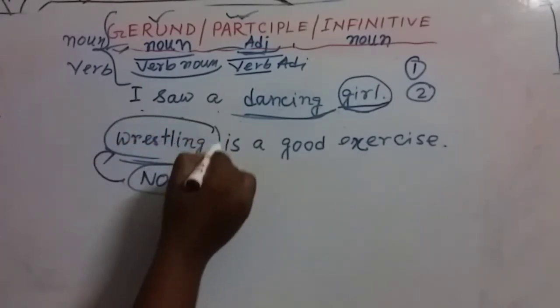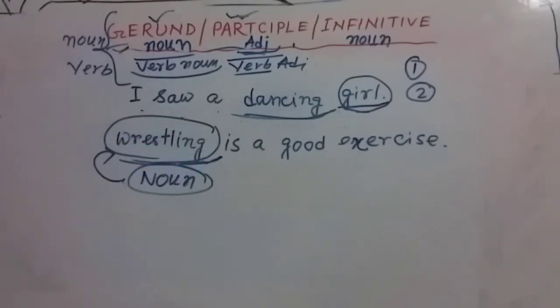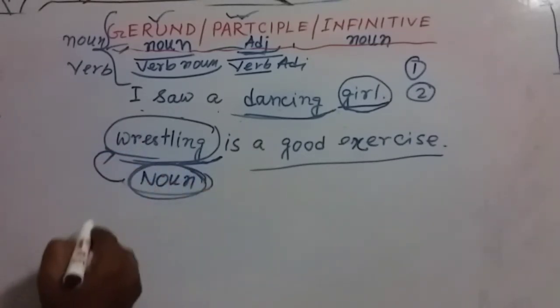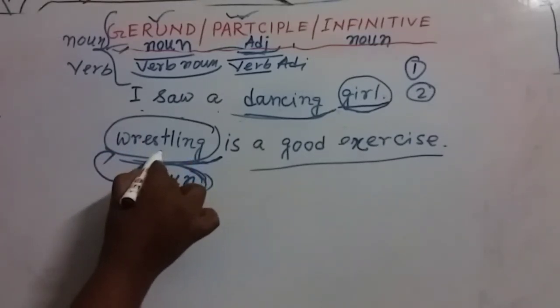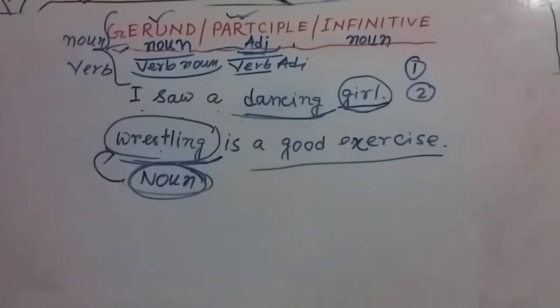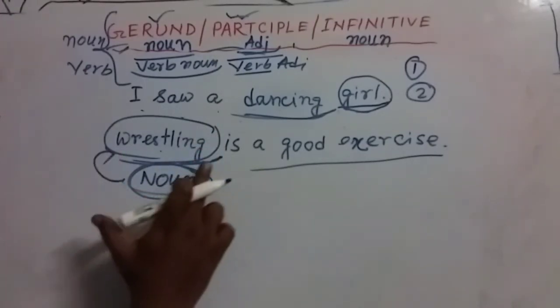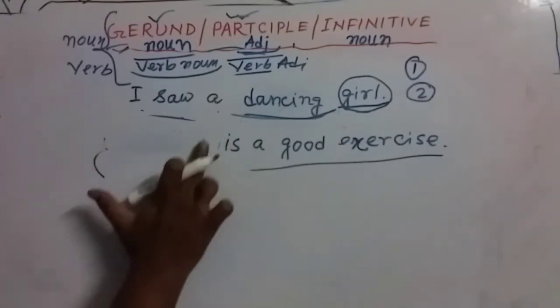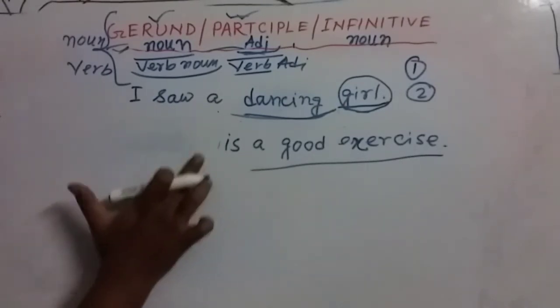Wrestling is the name of one kind of game. So the meaning is the same. It is not changed. Okay. So my dear friends, here you can see we can replace one word with the same part of speech. So here we replaced the word dancing with wrestling. So the meaning is not changed. Meaning is almost the same.